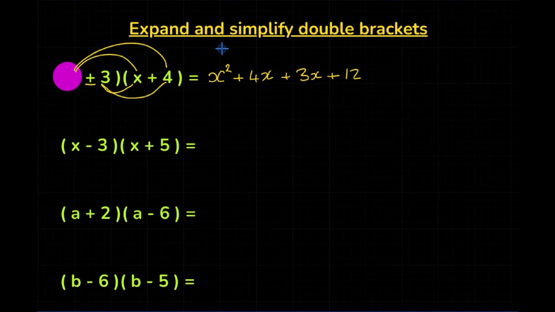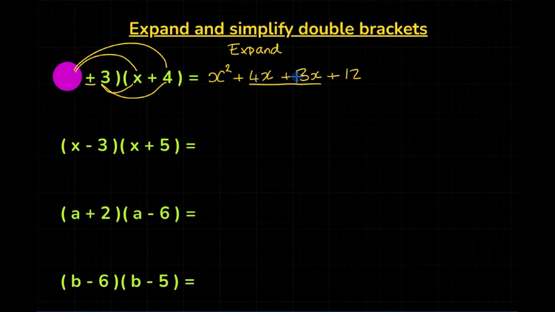Now I've done the part that's called expanding, or I've expanded, so I'll just make a note that that's the expand part. But the question will also talk about simplifying. And it can be simplified because these two middle terms are the same type of term. They're called like terms. And so we can add them together or subtract them.